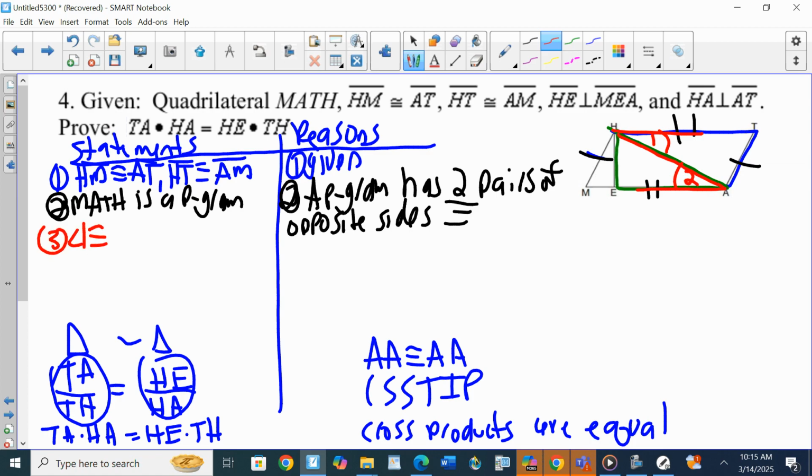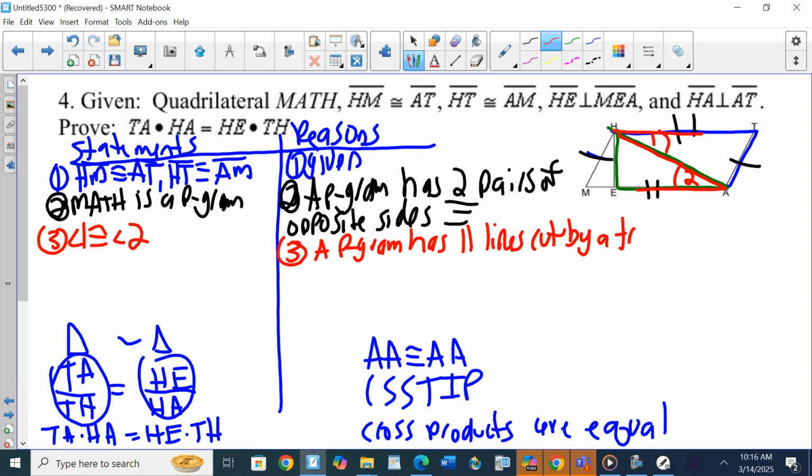Angle 1 is congruent to angle 2. A parallelogram has parallel lines cut by a transversal, which create congruent alternate interior angles.